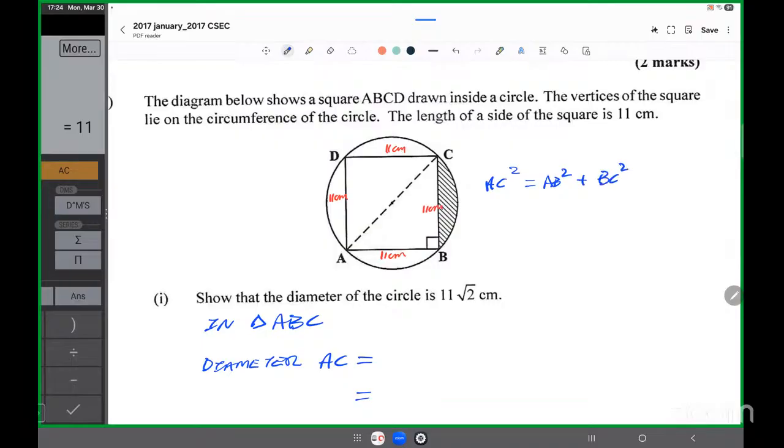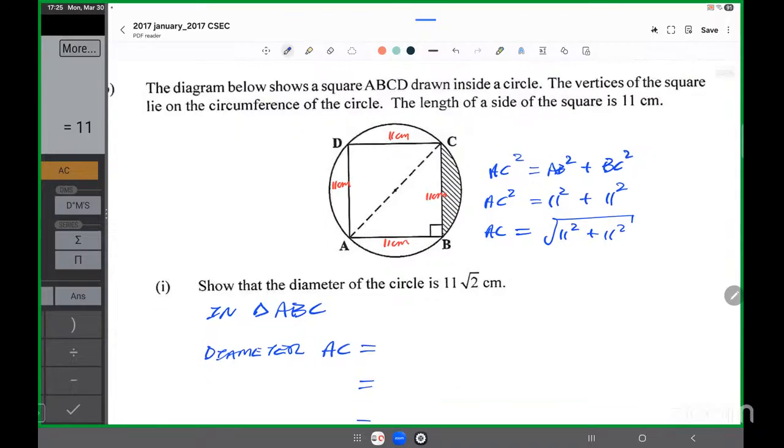The AB is 11 squared, and the BC is also 11 squared. So that's AC squared. If you want to find AC, you have to square root both sides. And so AC is now the square root of 11 squared plus 11 squared.